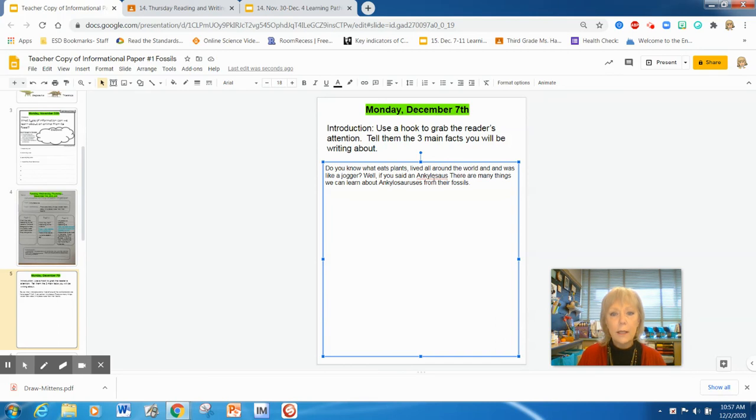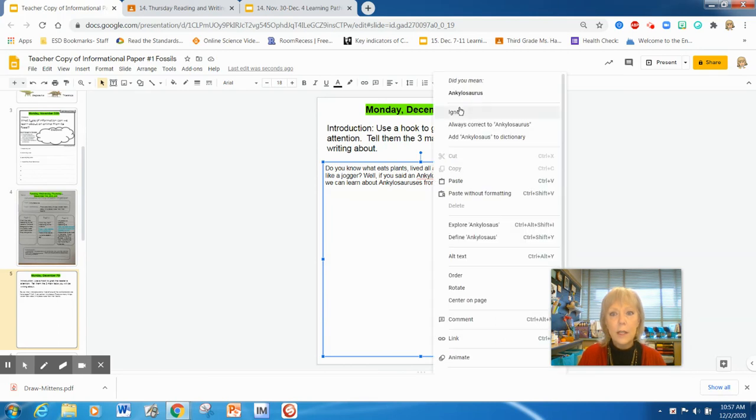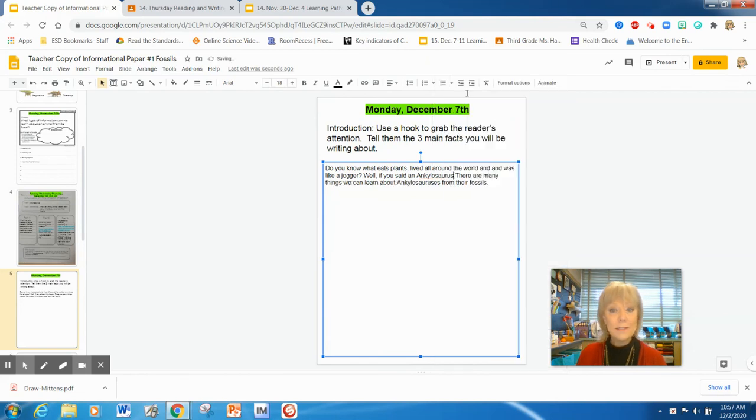So if I right click on it, do you see at the top what happens? It is going to show me the correct spelling. So I can always just click on that, and it's going to actually do the correction for me. And that's going to save me a lot of time, especially with a word like this that I'm going to be typing a lot. So we can do it that way. That's just a quick tip for you.